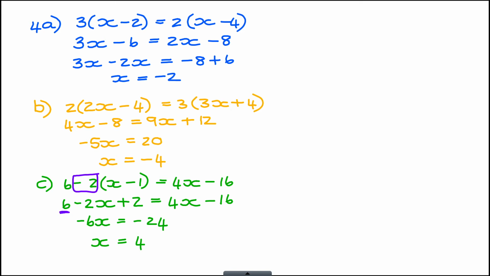So minus 2 times x gave me minus 2x. Minus 2 times minus 1 became a positive 2. Only the 2 applies because it's closer to the bracket. Yes, yeah. But not just 2, minus 2, because the sign is attached to that 2. Yeah.